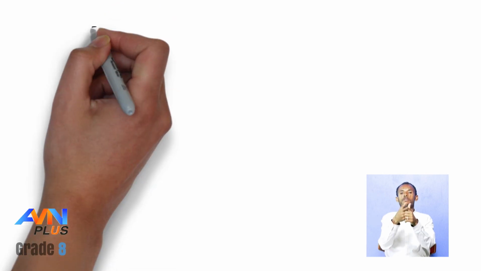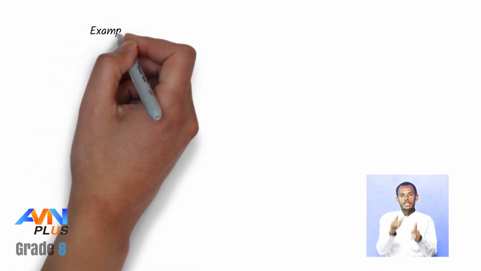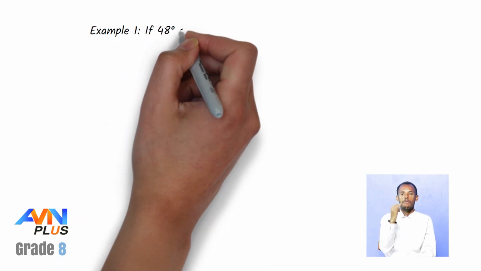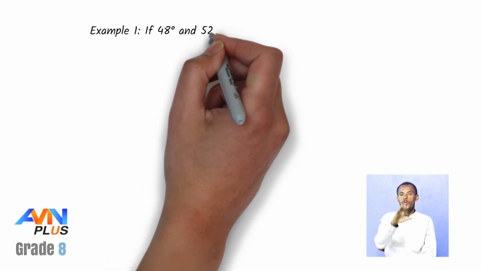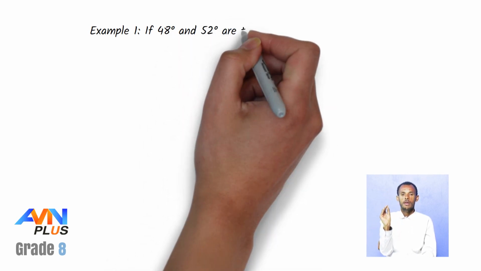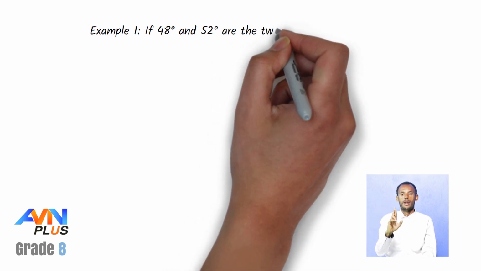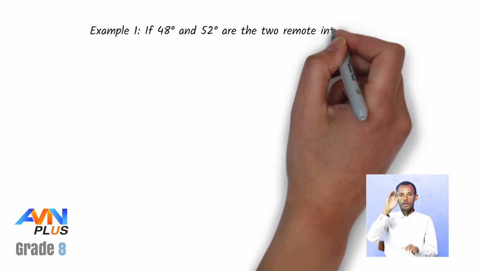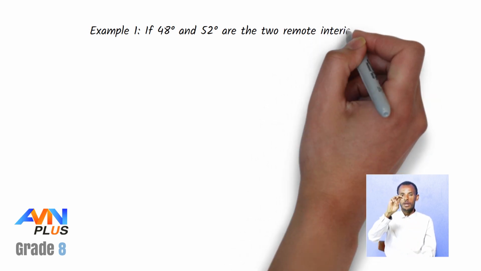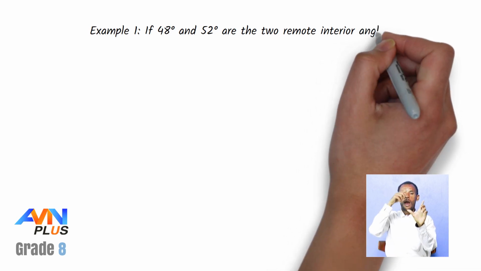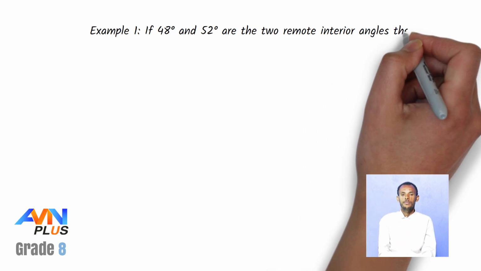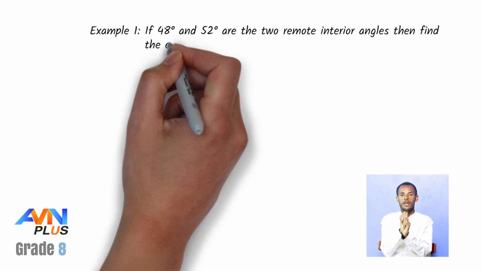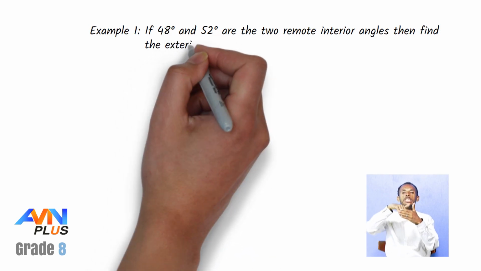The first example, say example 1: if 48 degrees and 52 degrees are the two remote interior angles, then find the exterior angle.